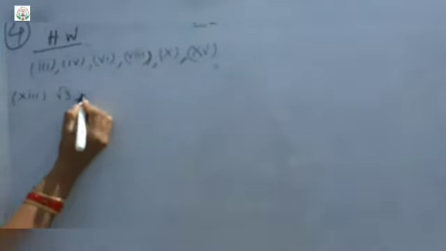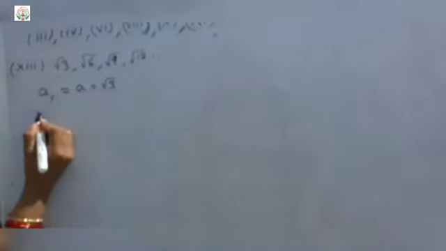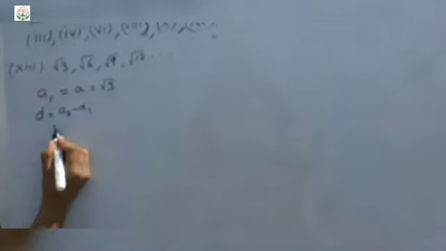Root 3, comma root 6, comma root 9, comma root 12, dot dot dot, like this. So here you can write again same way. First term a1 equals a equals to what? Root 3. Then d equals to what? a2 minus a1, which is equals to what? Root 6, second term, is root 6 minus root 3.